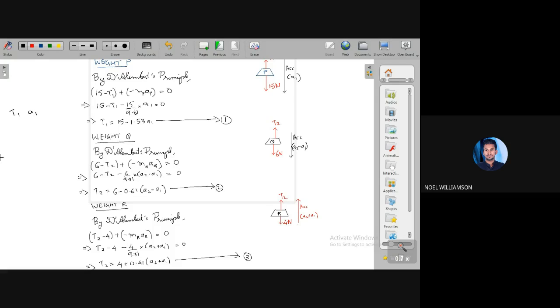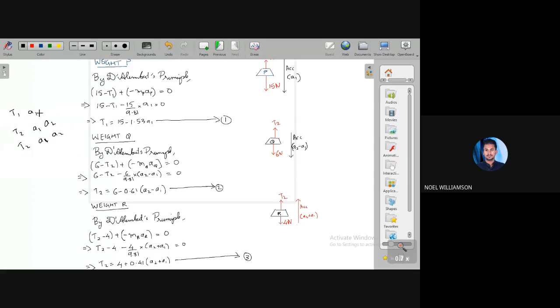The second relation is between T2, A1 and A2. And the third relation is the same, that is T2, A1 and A2.